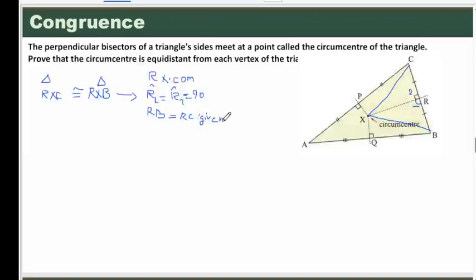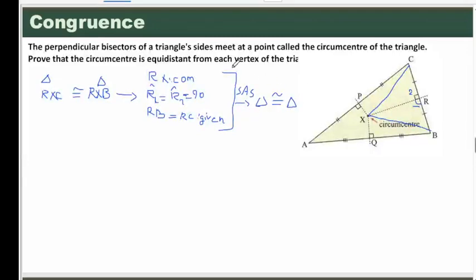Okay, so I could prove these two triangles are congruent. With which reason? I say SAS: two sides and the angle between them.